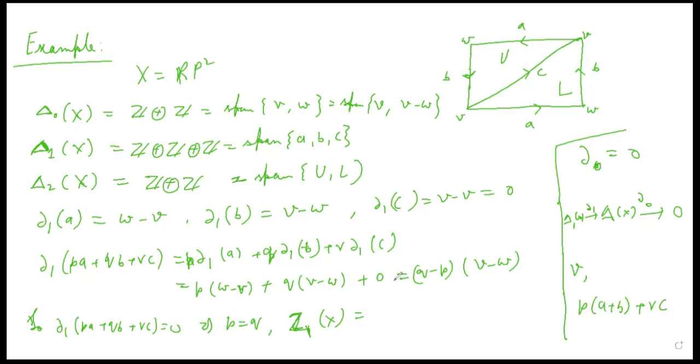So the kernel will be generated by P. There is no restriction over P and R. So the kernel will be generated by A plus B and C, right? So span of A plus B and C. Z plus Z.